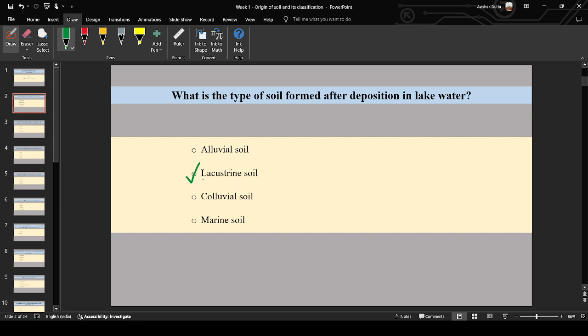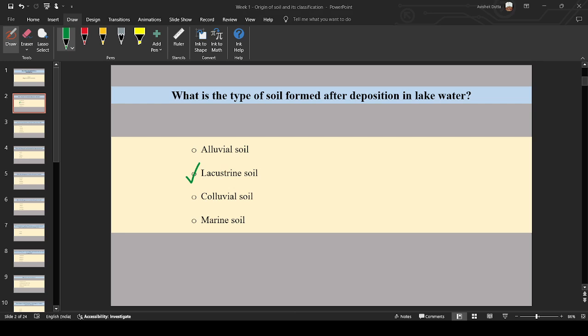Like we all know, alluvial soil is formed from the transportation by the river water, and colluvial soil is formed by the deposition activities of the gravitational forces. And marine soil is formed by transportation from the sea water.